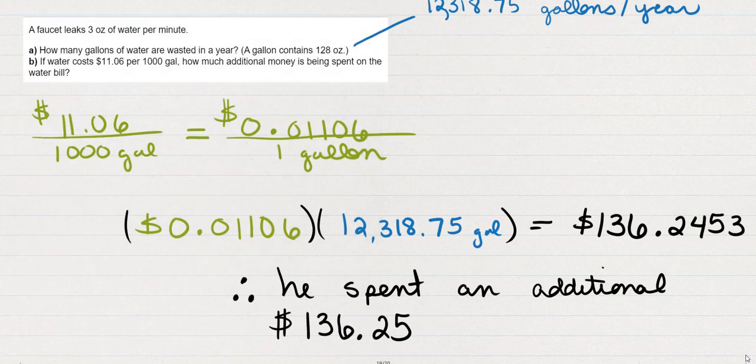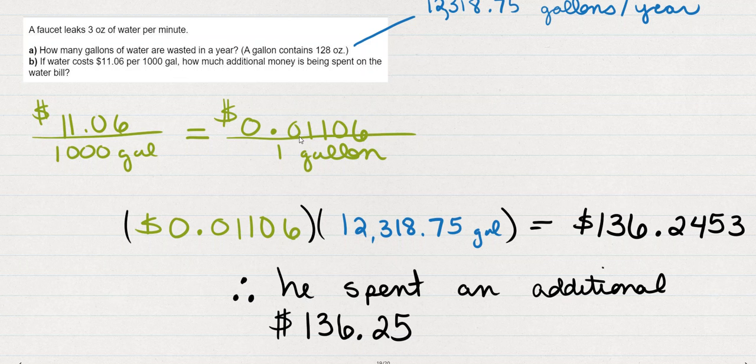Let's use that part A to answer part B. I've got the 12,318.75 gallons per year, and I could convert that into seeing how many 1,000 gallon units that is. Or I could take the price, $11.06 for 1,000 gallons, and when I divide those, I'd get how many dollars it is for 1 gallon.